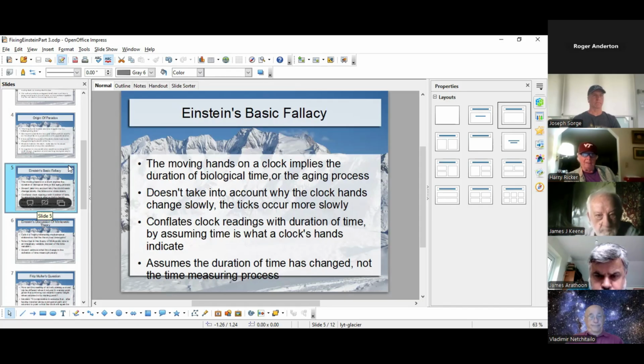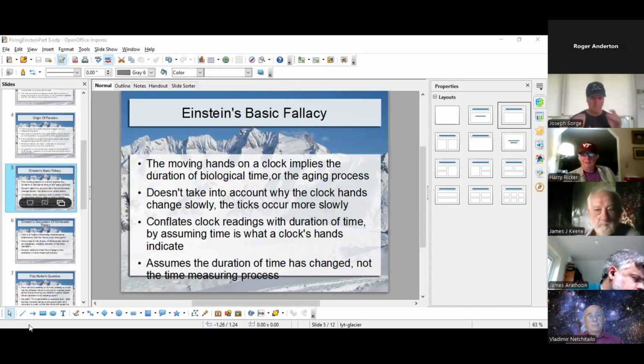Then this is it here. He conflates clock readings with duration of time by assuming time is what a clock's hands indicate. Well, he hasn't proved to us that what a clock's hands indicate actually is time. He just assumed that. So he assumes that the duration of time has changed, not the time measuring process.